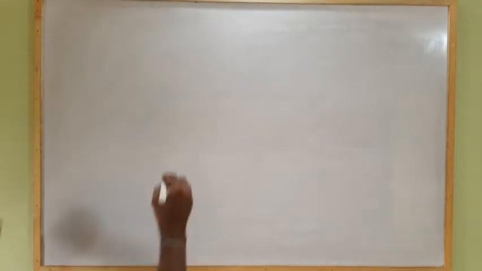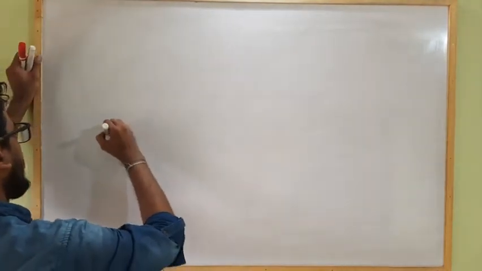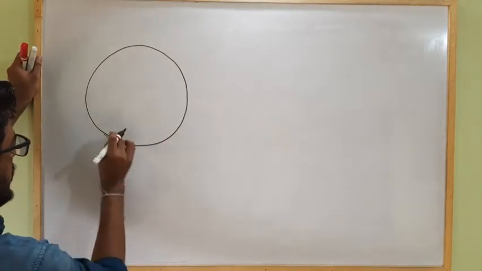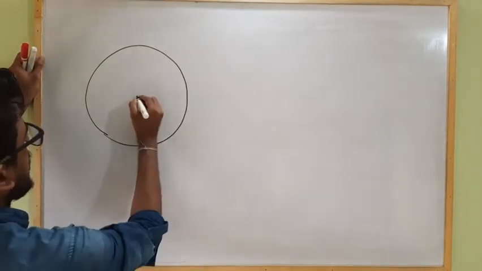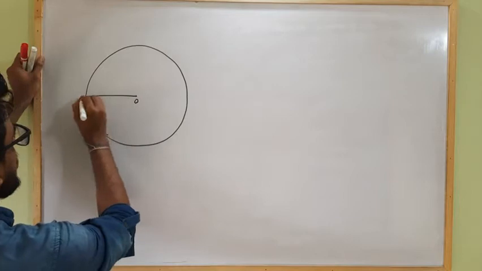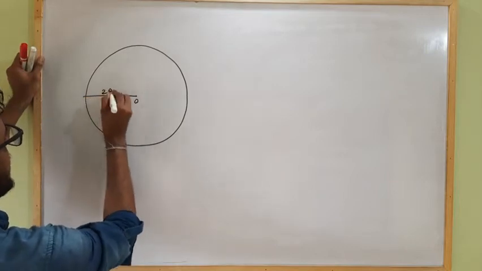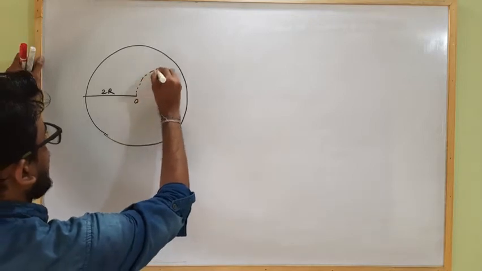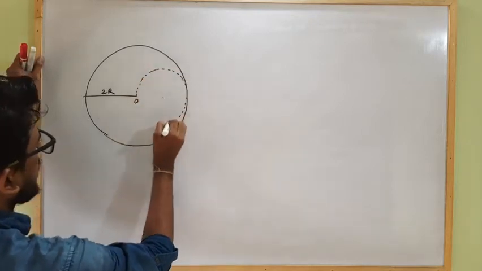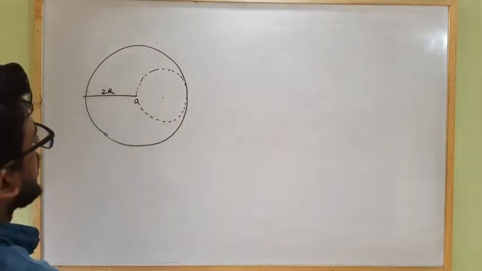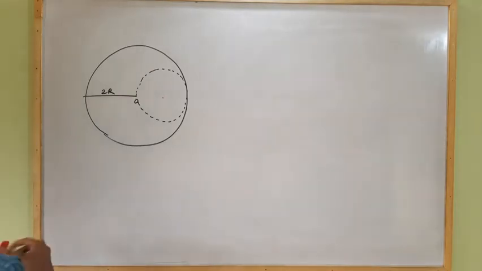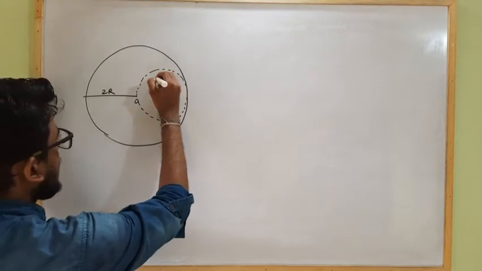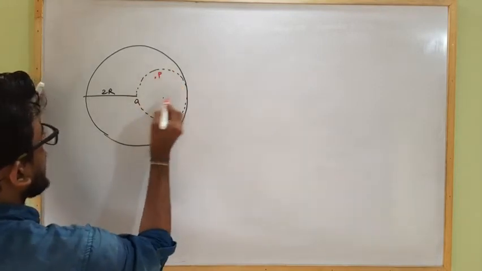Okay, so now in this case there is a current carrying circular infinite conductor O of radius 2r, and there is another cavity of radius r. Now in this case the point of observation P is within the cavity. Clear?